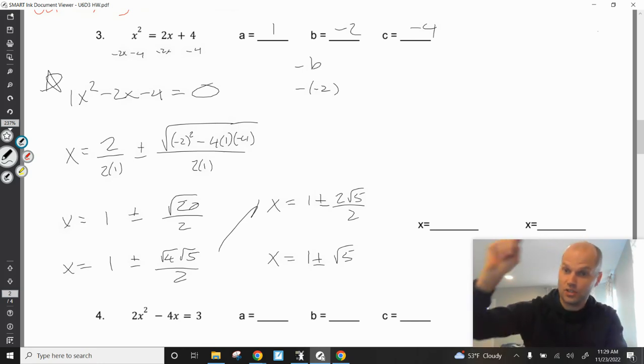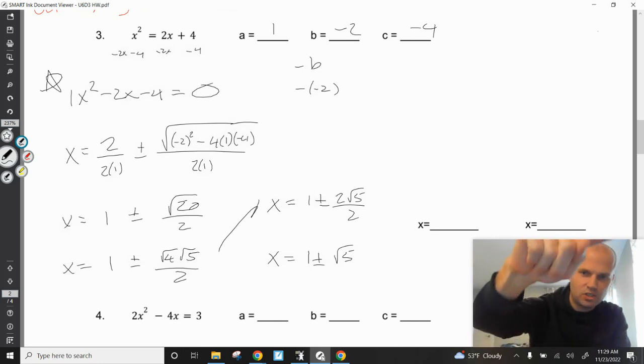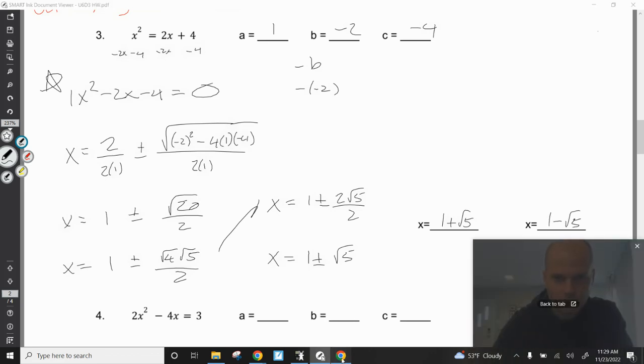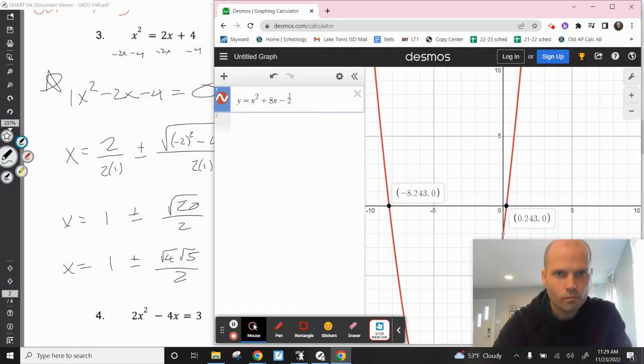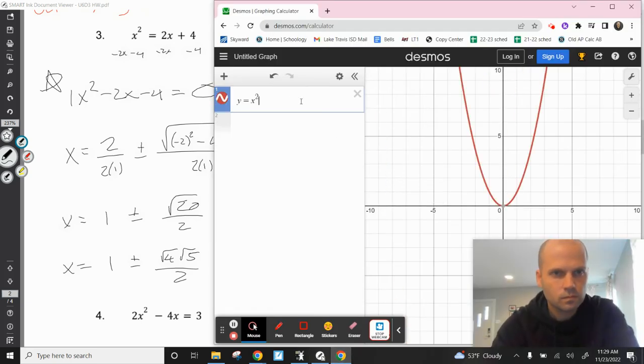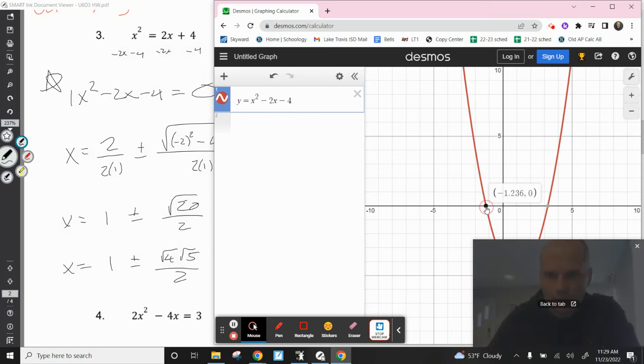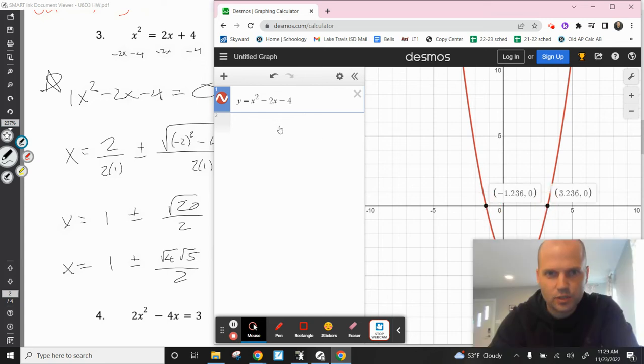These are my solutions. They're ugly decimals, but just because we couldn't factor that doesn't mean there's no solutions. There actually are 2. 1 plus root 5 and 1 minus root 5. We can check using Desmos really quick, just for fun. Okay, I got negative 1.236 and 3.236.